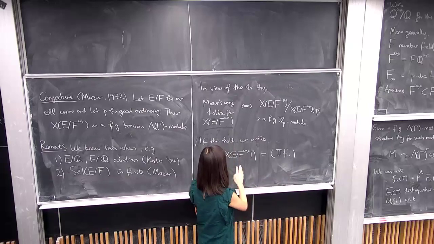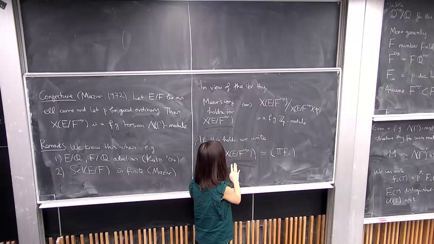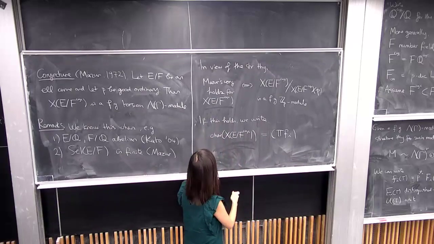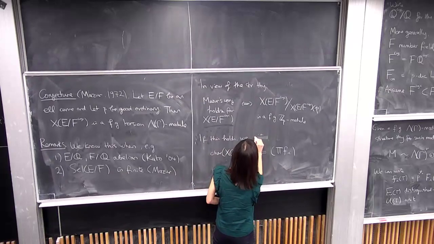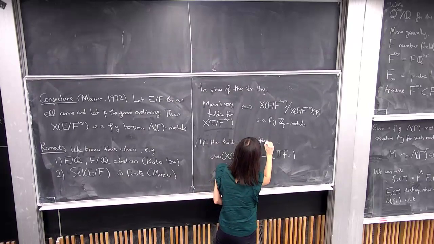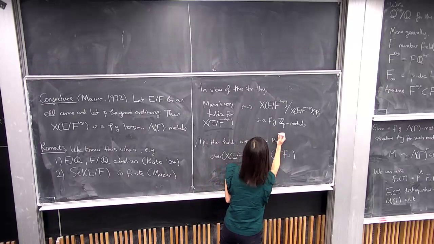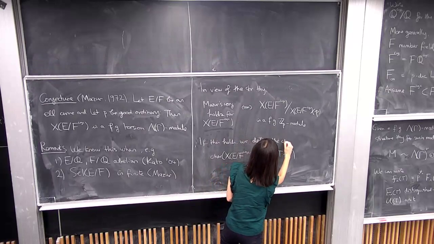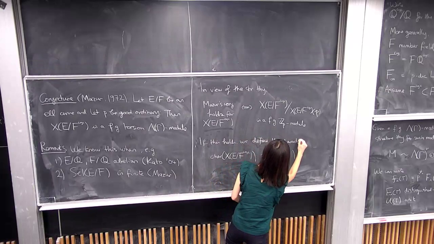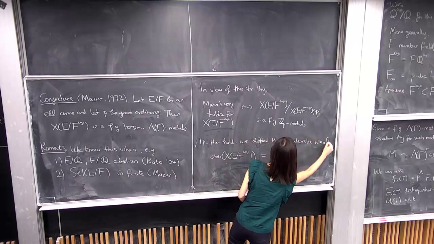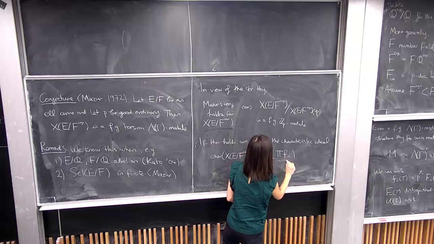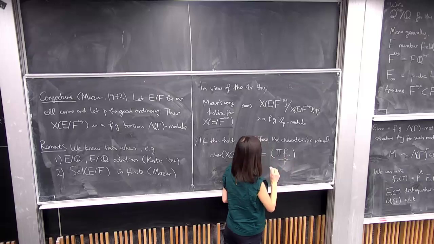This is an invariant that we care about most in Iwasawa theory. So this is the characteristic ideal, and this is called the characteristic power series.